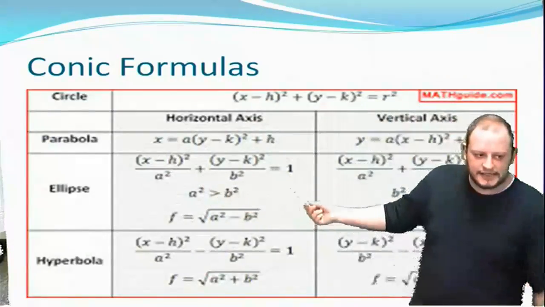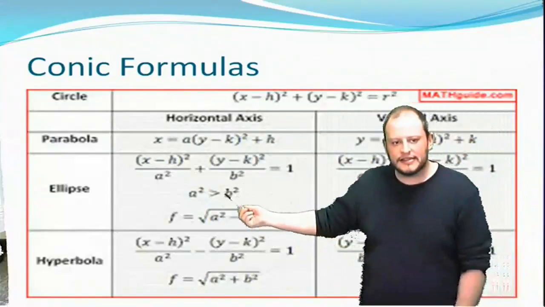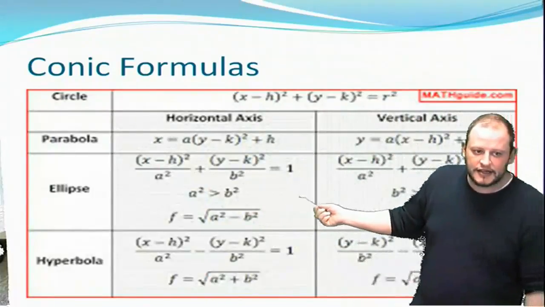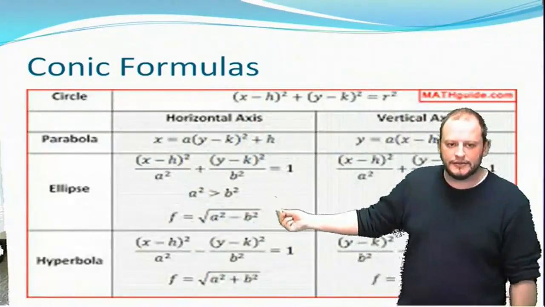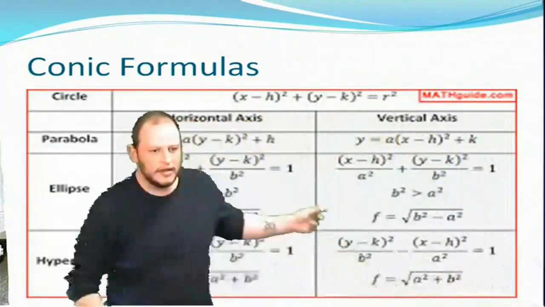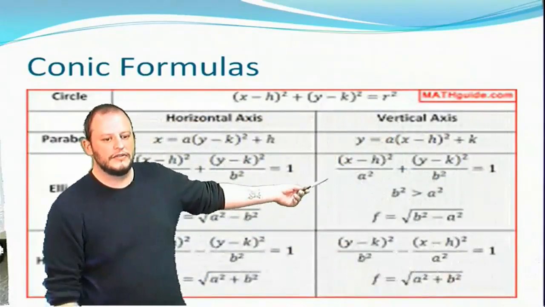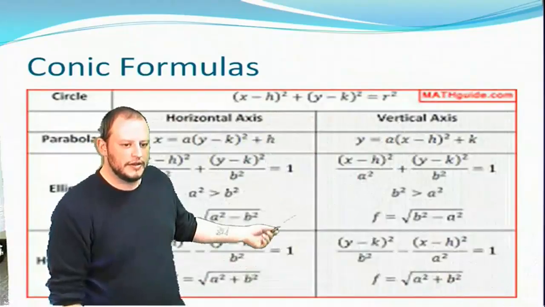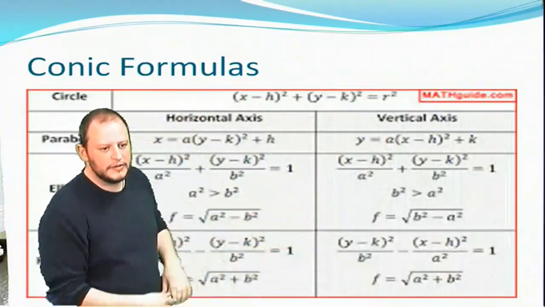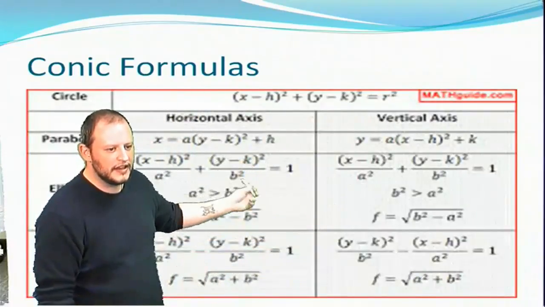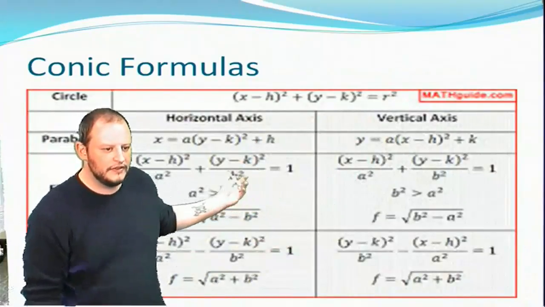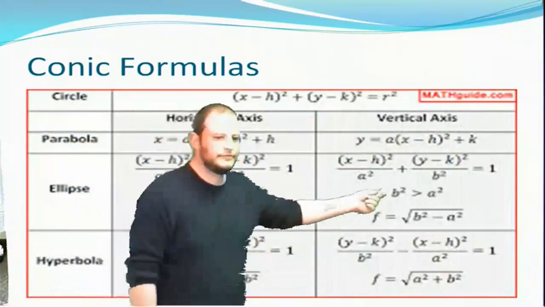But these ellipses and these hyperbolas, I want you to notice that they're equal to 1, on both sides of me here, whether it's the horizontal axis or the vertical axis. They're both equal to 1. The difference between these formulas happens to be the plus sign. The plus sign for ellipses, which you see right here and right there.